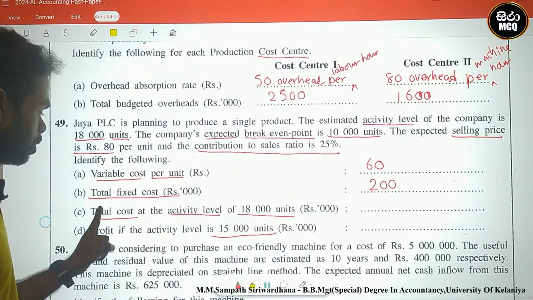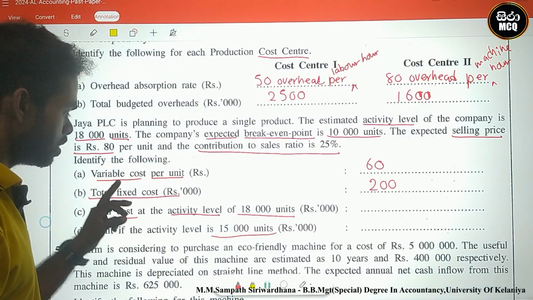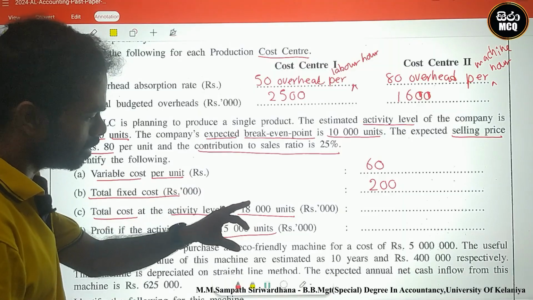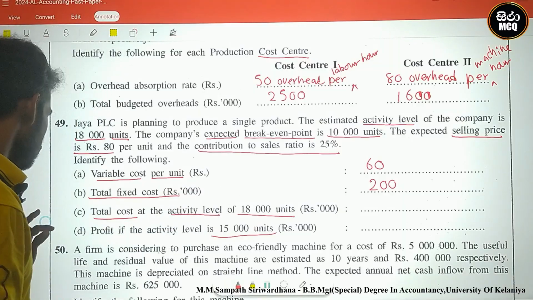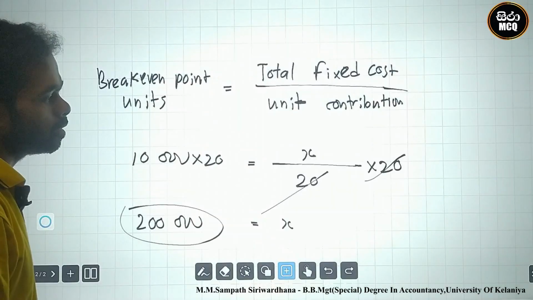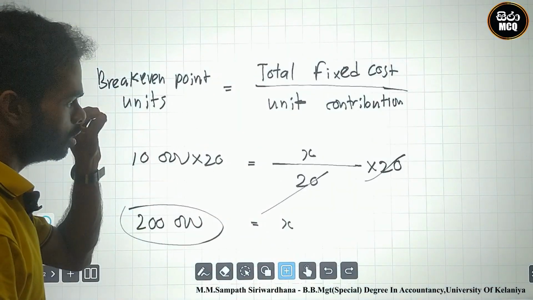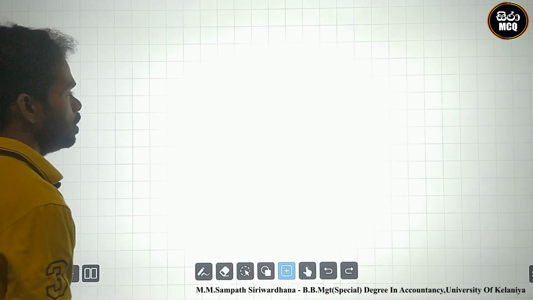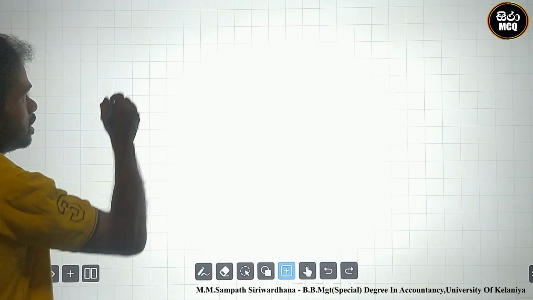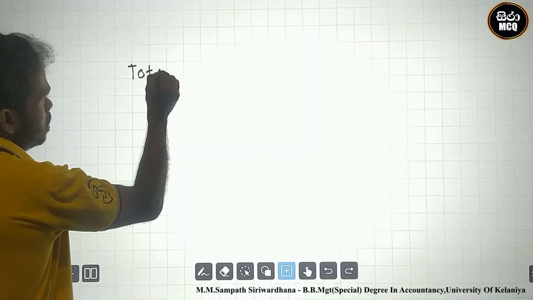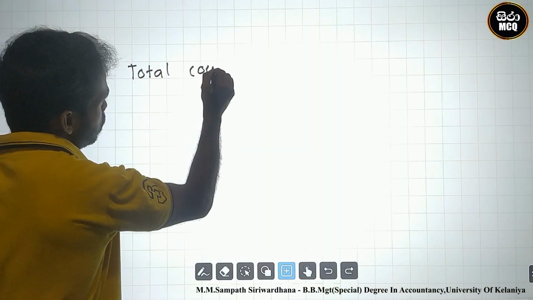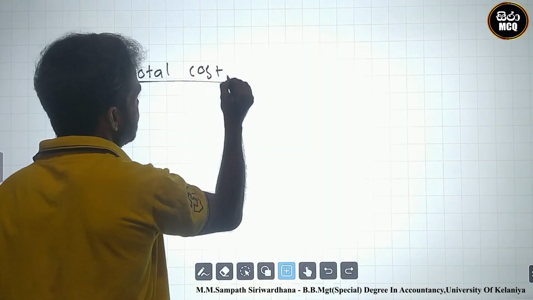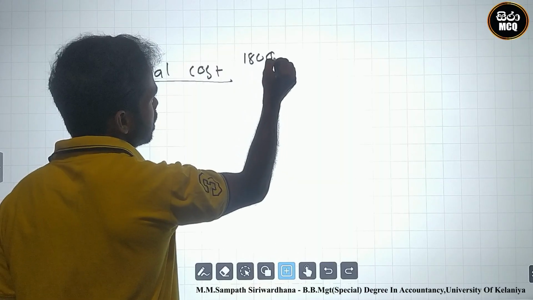Next, total cost at an activity level of 18,000 units. This is the answer for total fixed cost. Now we calculate the total cost at 18,000 units.